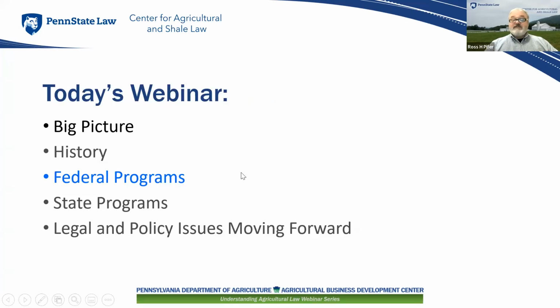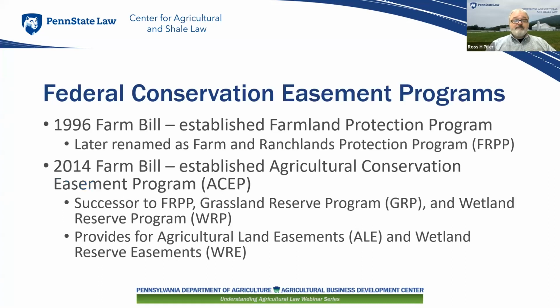Okay, so let's talk about some of the federal programs that are in place. When we go back to the 1996 Farm Bill, the Farmland Protection Program was established. It was later referred to as the Farm and Ranch Lands Protection Program.